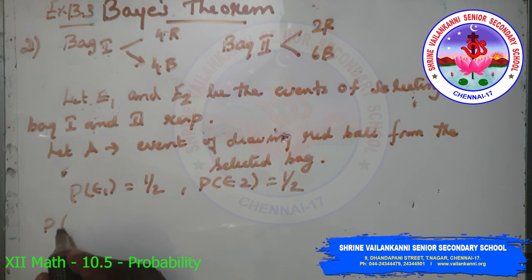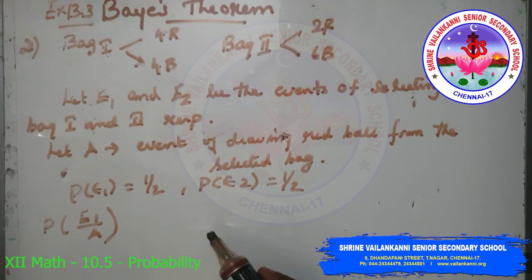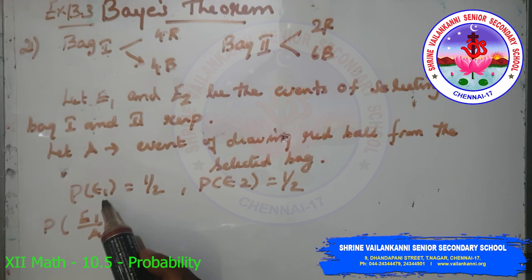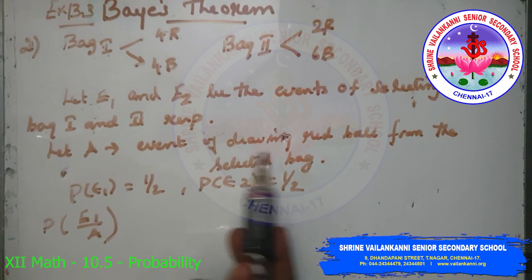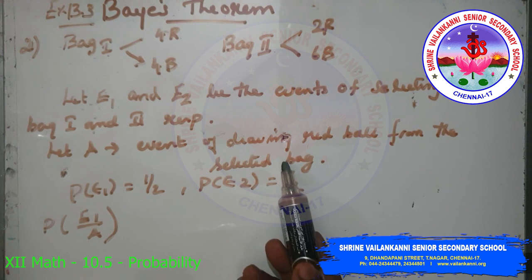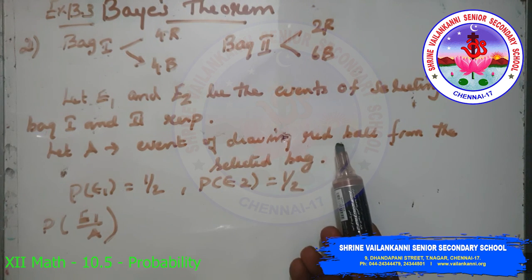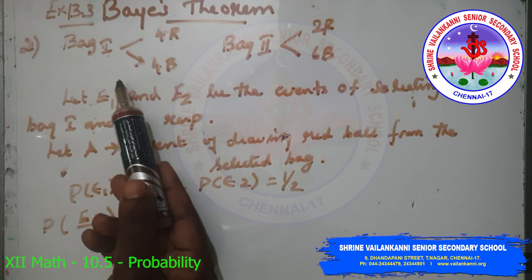P of E1 by A. That is, we have to find the probability that the ball is drawn from the first bag. Here first bag we are taking as event E1. So let A be the event of drawing red ball from the selected bag. So we are selecting a red ball from the bag 1.